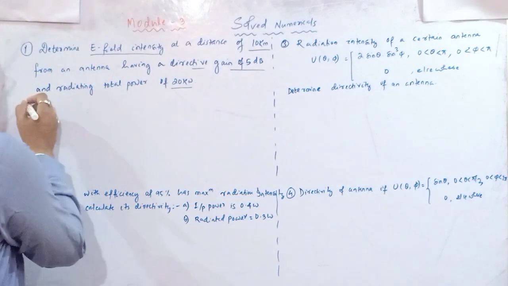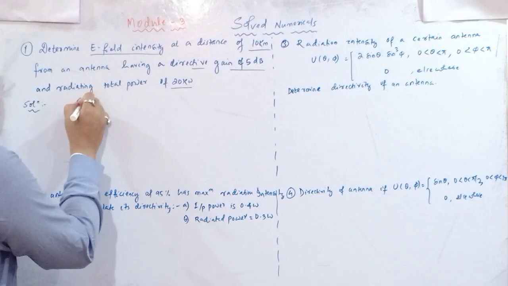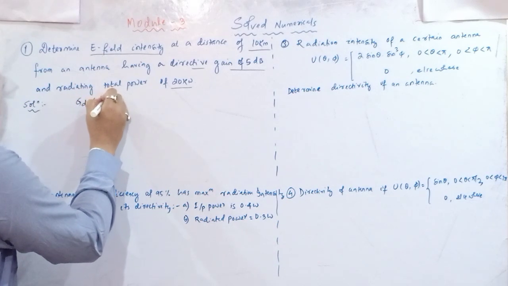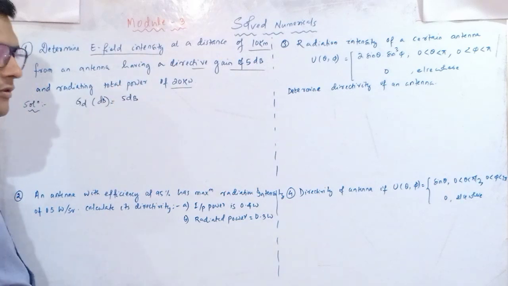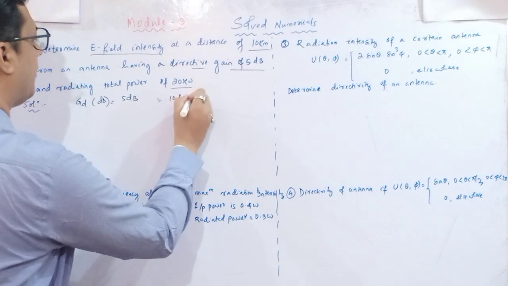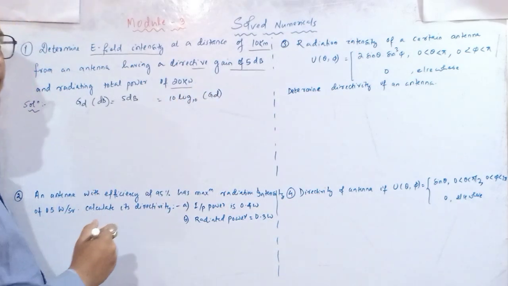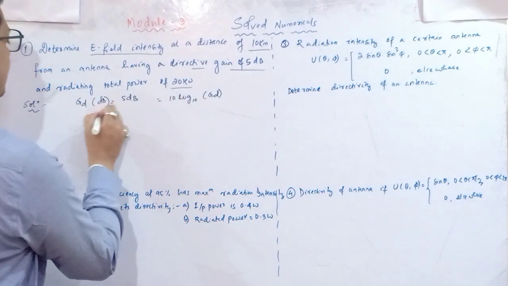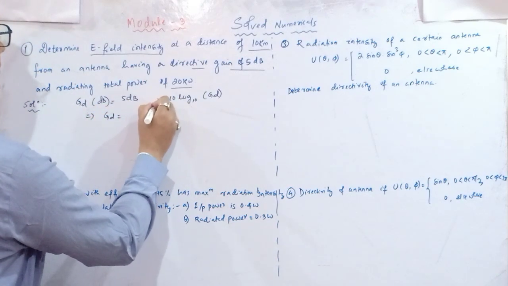So how to proceed? Let's see. First of all, this G_D, which is in dB, you have to convert into decimal value or normal value, which is equal to 10 log base 10 of G_D. So G_D can be written as 10 to the power 0.5.